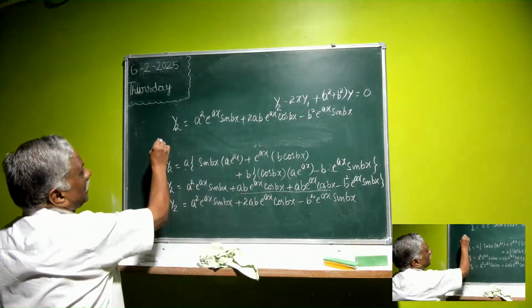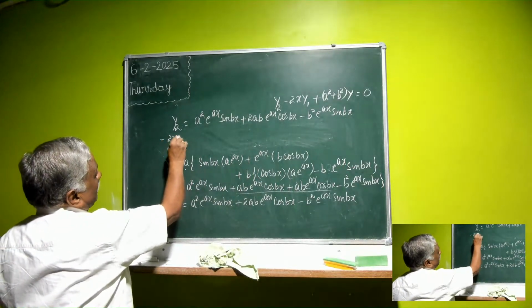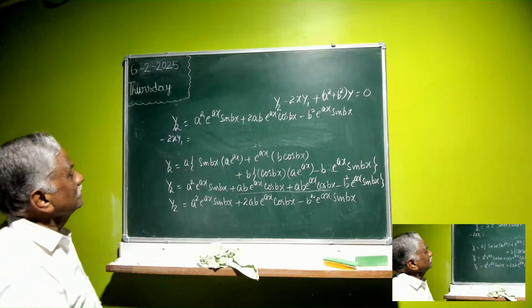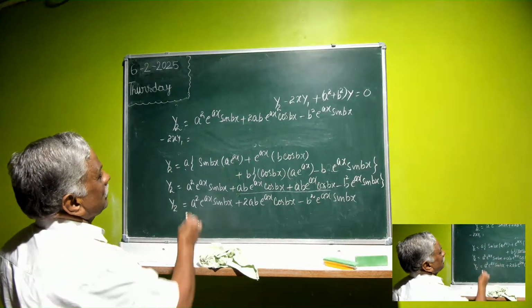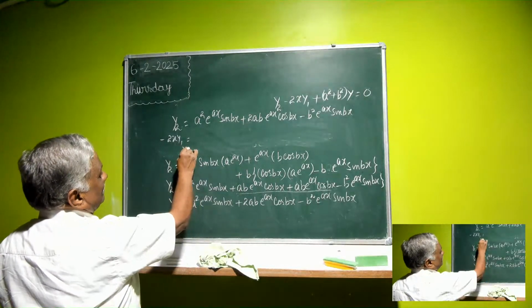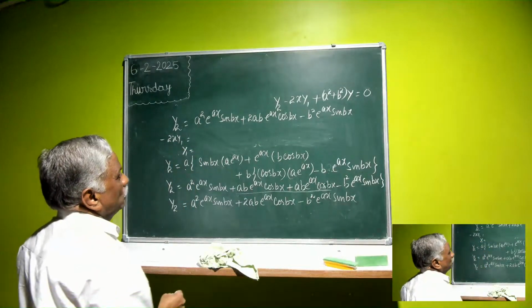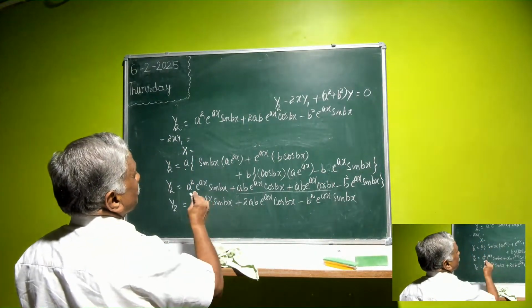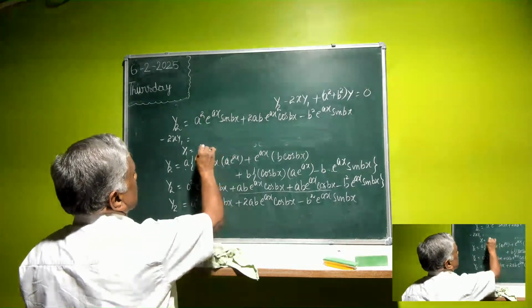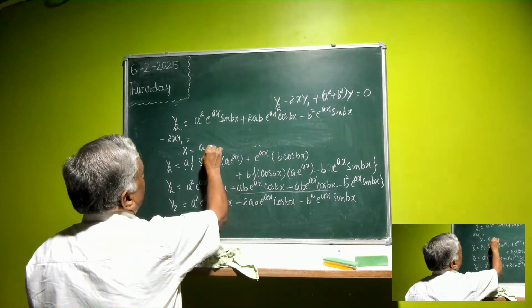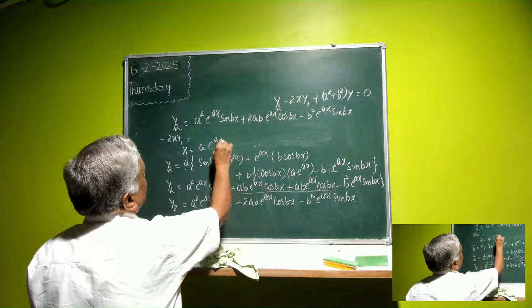Now they want 2x y1. 2x y1 means you should multiply y1. Oh, I removed y1. There was y1. We need y1. I have removed it. What was y1? y1 was a e power ax.